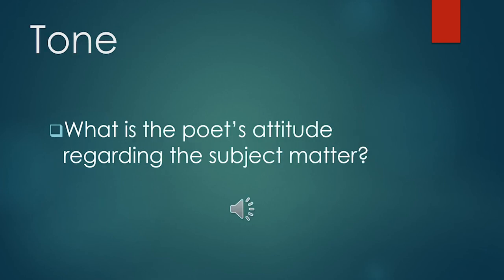Slide number 6. So as you can see, the title of slide number 6 is tone. Now, we all know this very well already. My best piece of advice that I can give to you is think of when someone is talking. Okay? We know by listening to someone what emotion they're trying to show. Okay? Let's take a very simple example.